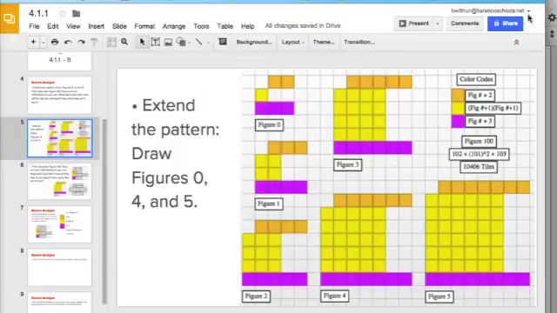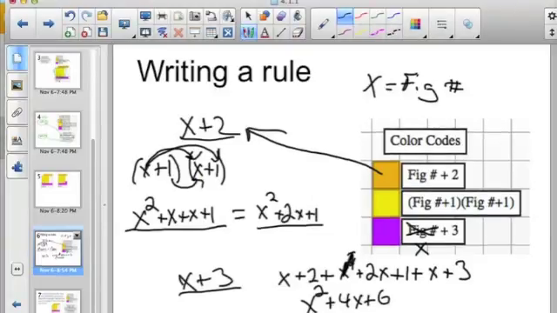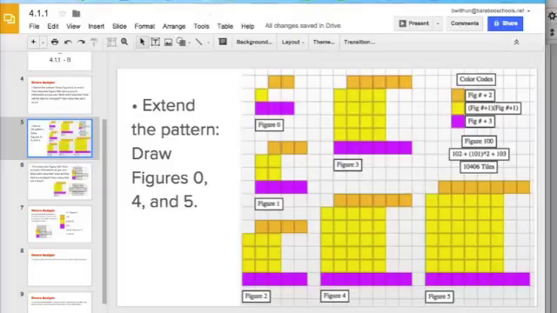Well, if we go back to the rule, for figure 0, what is x? Well, x is the figure number. What's the figure number? 0. So 0 squared plus 4 times 0 plus 6. What's 0 squared? 0. What's 4 times 0? 0. So it's 6. So I know the rule works because it definitely worked for figure 0.